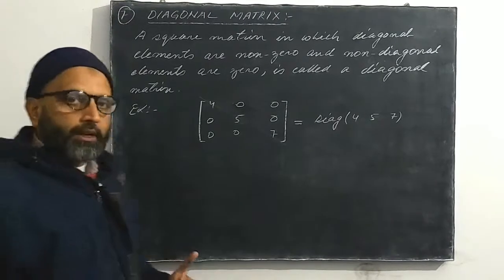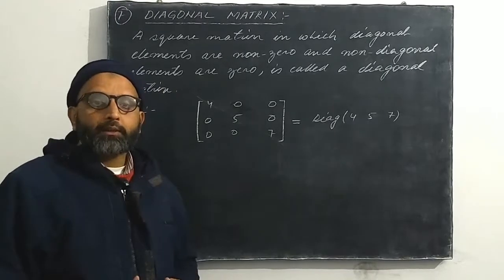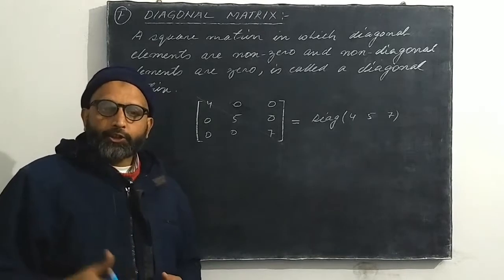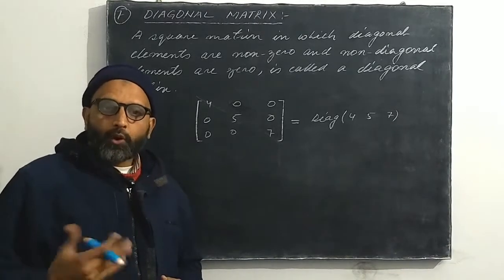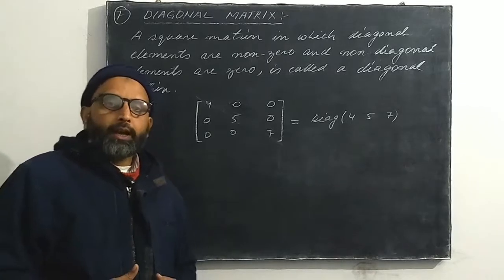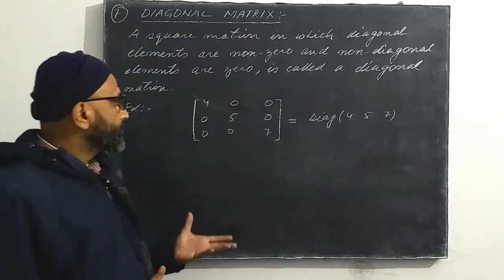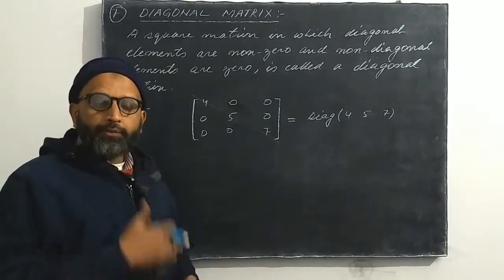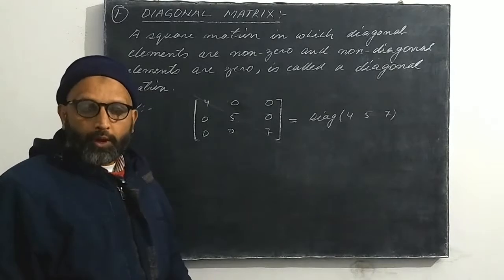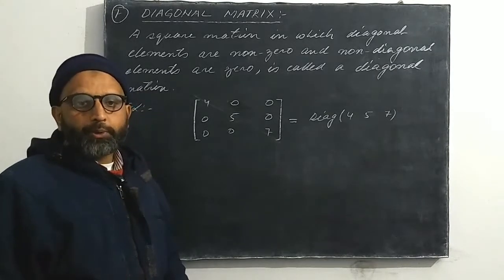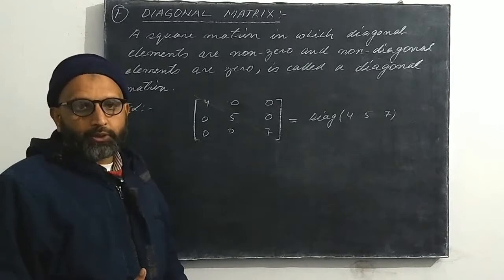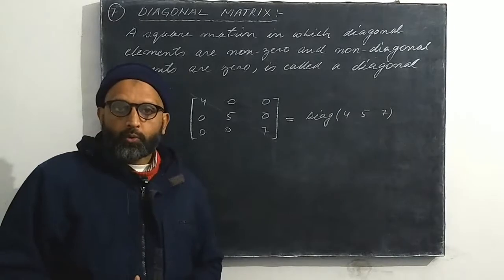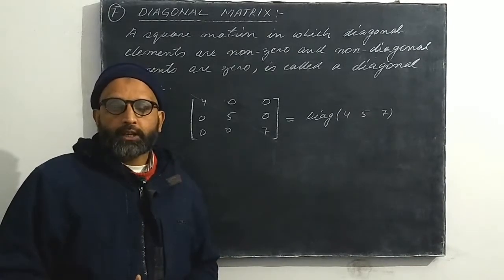So as you see, the identity matrix, a scalar matrix and a diagonal matrix are similar in one way, that in each type of matrix non-diagonal elements are 0, and they are differentiated on the basis of the diagonal elements. If all the diagonal elements are 1 or unity, it is said to be an identity matrix, and if all the diagonal elements are equal and non-zero, then it is said to be a scalar matrix.